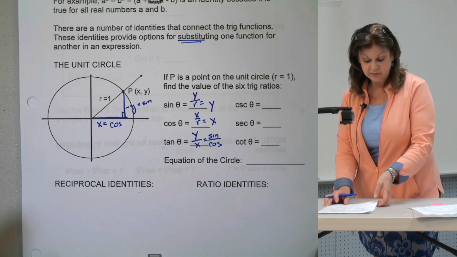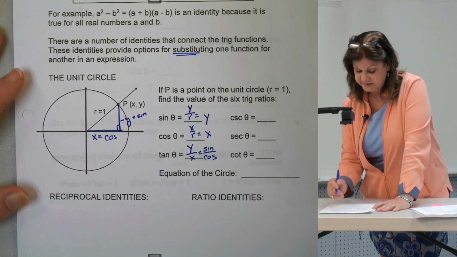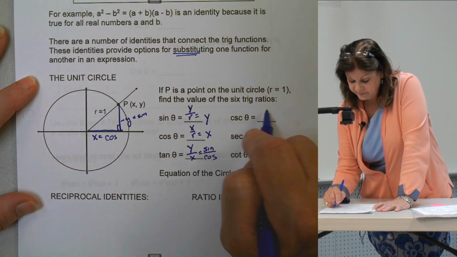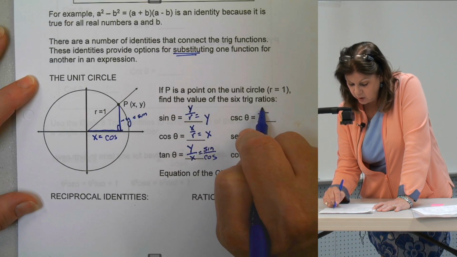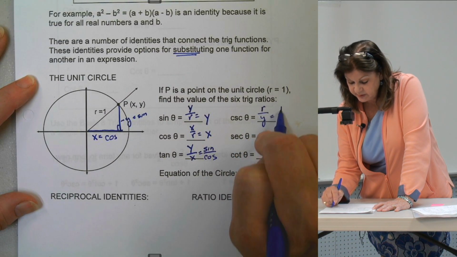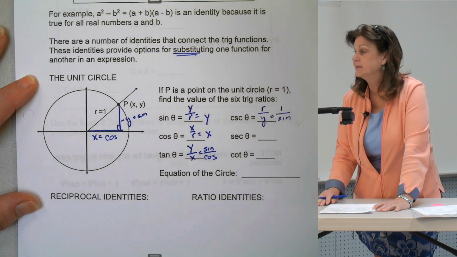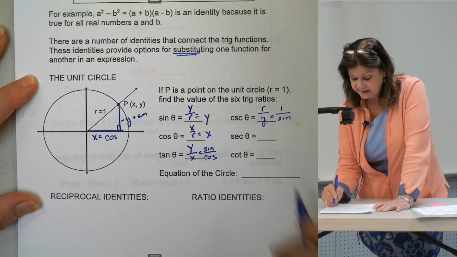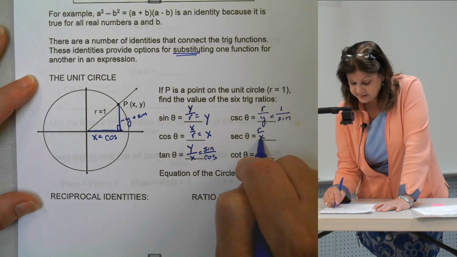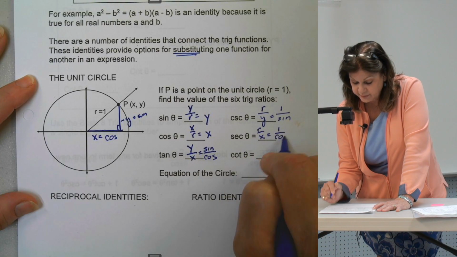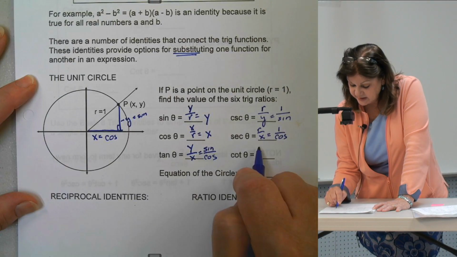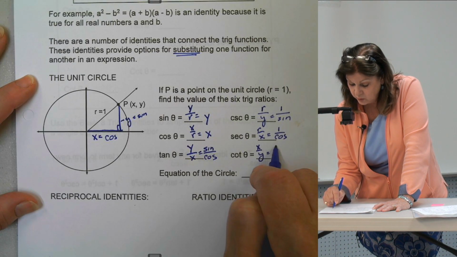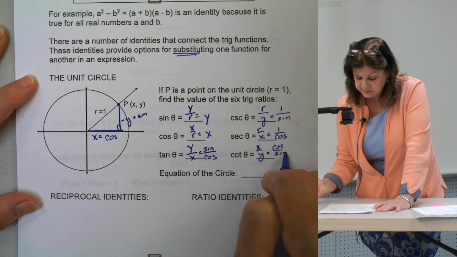Now, our reciprocal functions: cosecant is going to be r over the y value, which is 1 over sine. Secant is r over our x value, or 1 over cosine. And then cotangent, of course, is x over y, or cosine over sine.